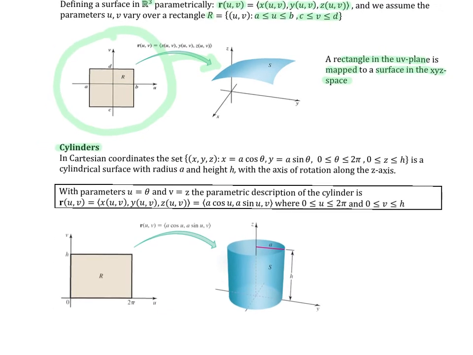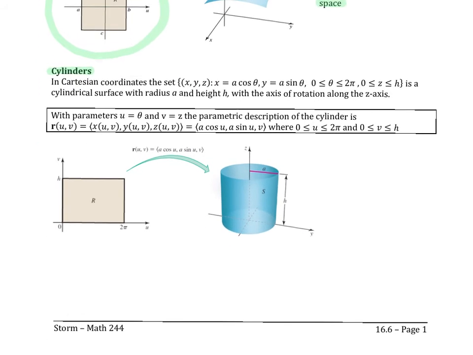Cylinders go back to the way we described cylinders when we did cylindrical coordinates, and we're also going to look at spheres and spherical coordinates again. So for Cartesian or xyz coordinates for a point x, y, and z, recall that x is a cosine theta, y is a sine theta, where theta goes from 0 to 2 pi. Z is just the height of the cylinder, so it goes from 0 to some h value.